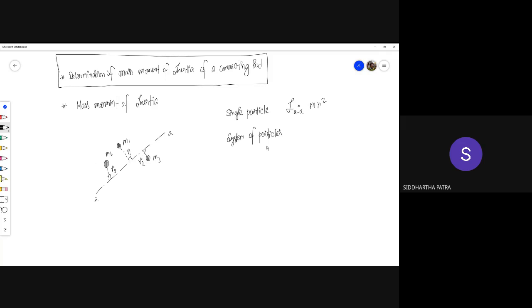So in that case, we will simply add the individual mass moments of inertia to get the net mass moment of inertia about the axis of this system of particles, which basically means the summation, m1 r1 squared plus m2 r2 squared and so on.